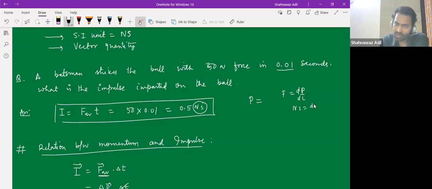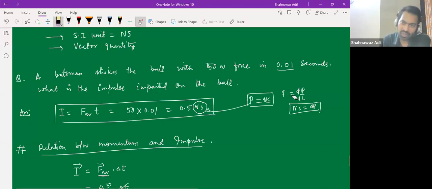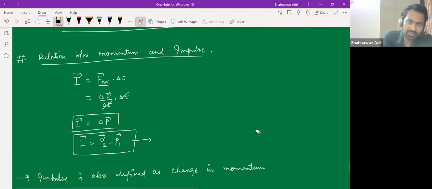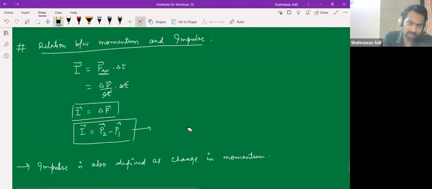So this is Newton second, right? So you can see that momentum is related with impulse. Okay. So please note it down. If it is not clear, then please ask. Is this clear, guys?